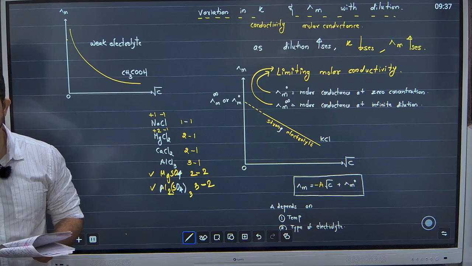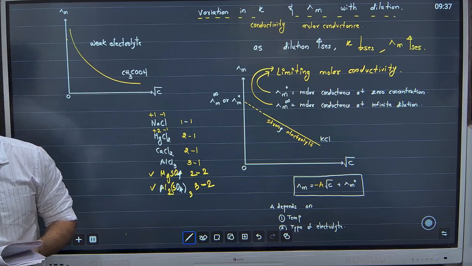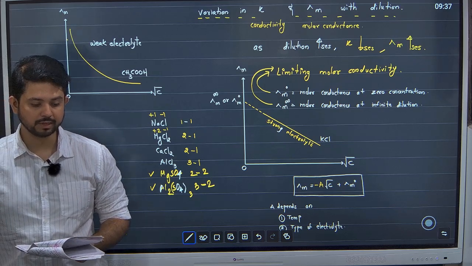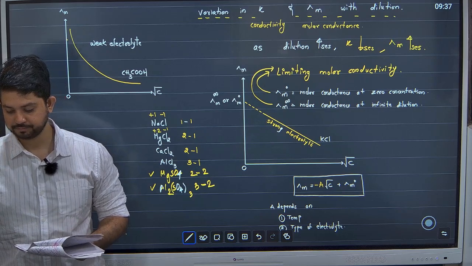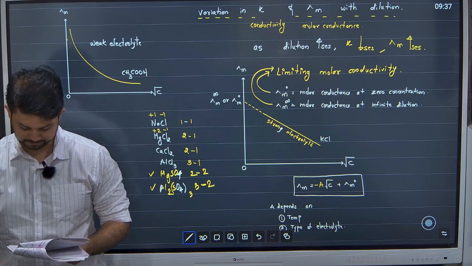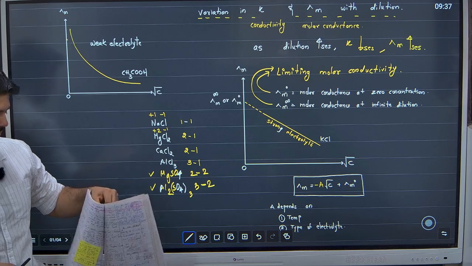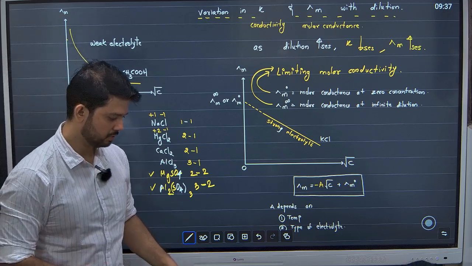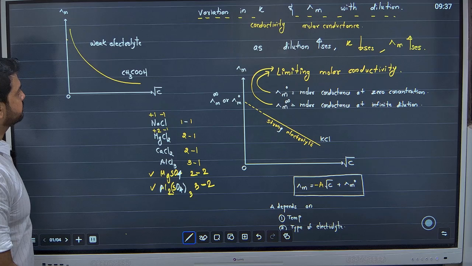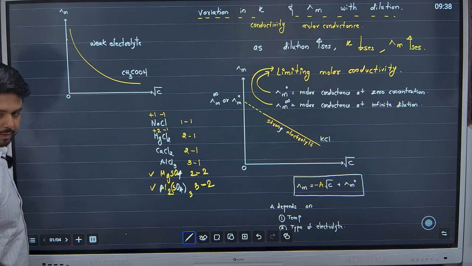All electrolytes of a particular type have the same value for A. Okay.